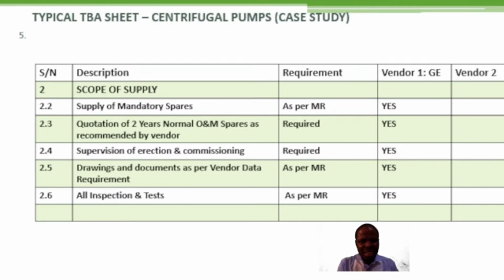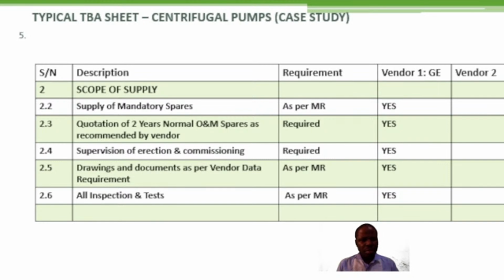So these are some of the data that you will look out for when you are carrying out technical bid analysis of different vendors. Because if this is not provided, this will be a pointer to you to decide whether you want to go for this vendor or you want to go for another vendor. All right?